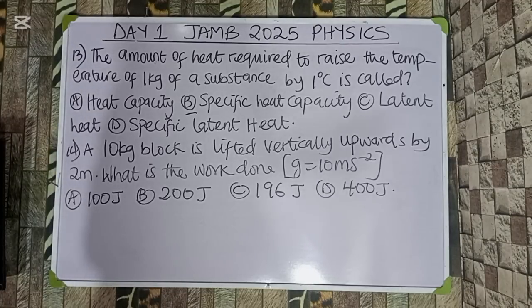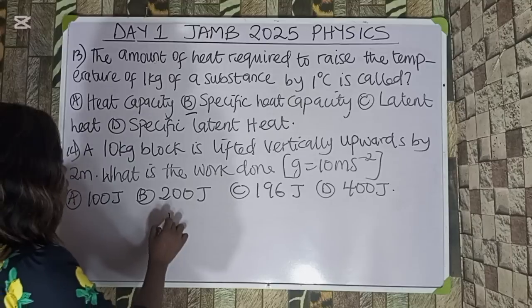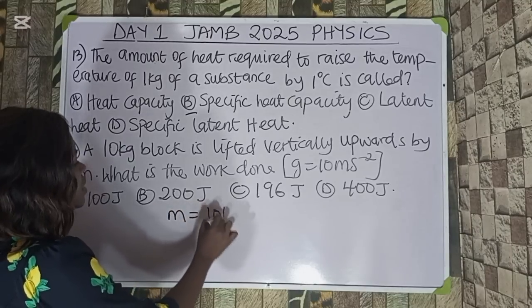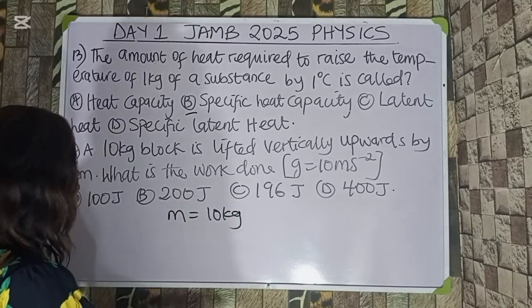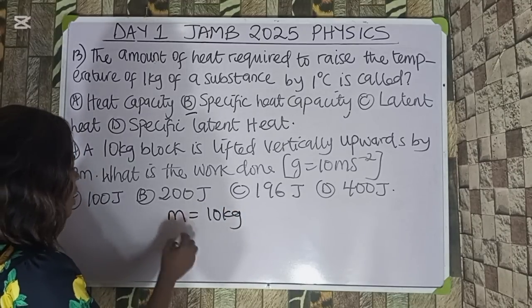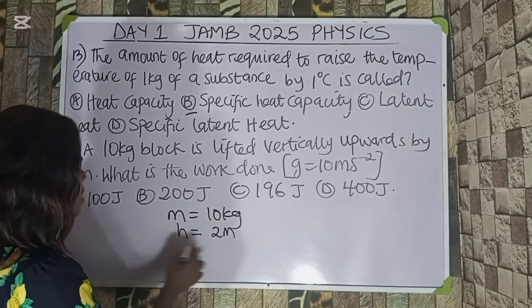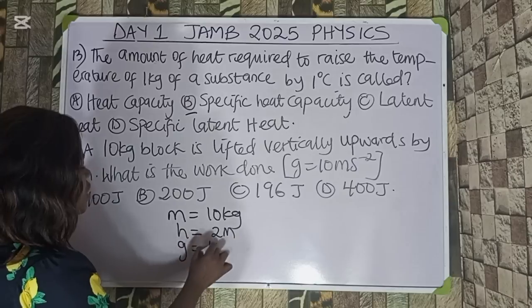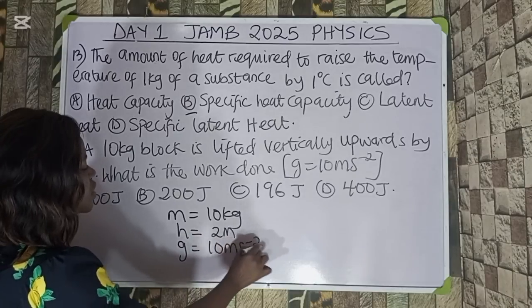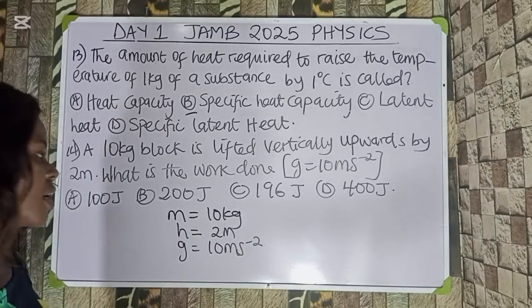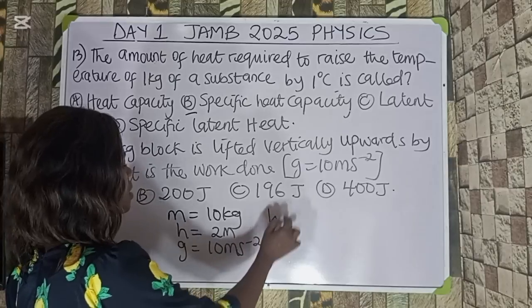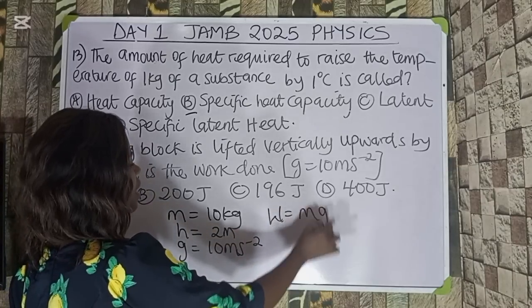So now, let us just take the parameters. We are given the mass to be 10 kilograms, the height to be 2 meters, then g to be 10 meters per second squared. For us to calculate, the work done is equal to mgh.